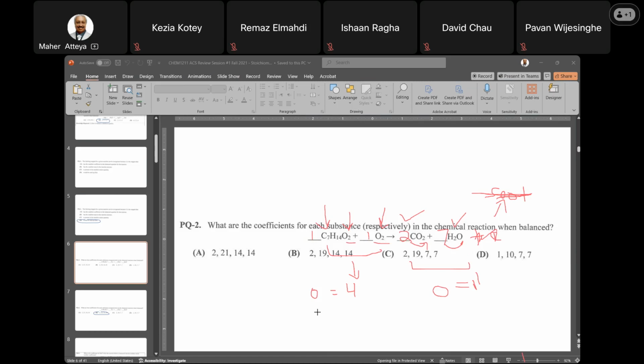So how to solve this one? You have four on one side, and the other side is eight. How will you solve this one? Tell me, how about putting the 7 here?